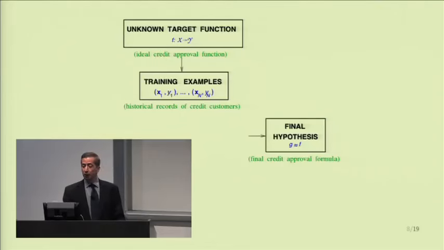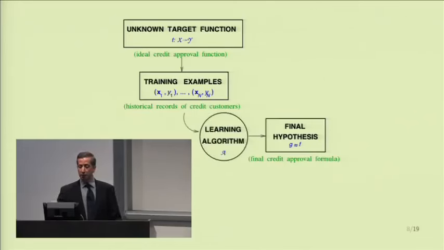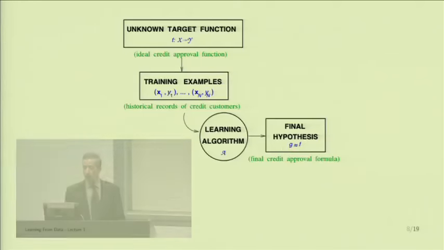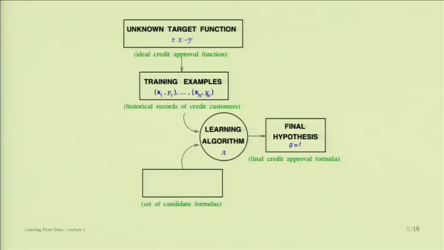Okay. Now, what connects those two guys? This will be the learning algorithm. So the learning algorithm takes the examples and will produce the final hypothesis, as we described in the example of the movie rating. Now, there is another component that goes into the learning algorithm. So what the learning algorithm does, it creates the formula from a preset model of formulas, set of candidate formulas, if you will.